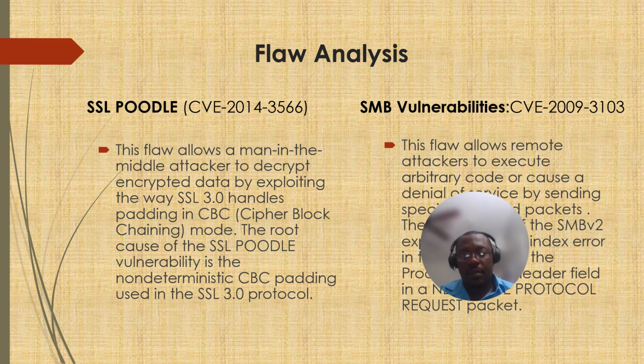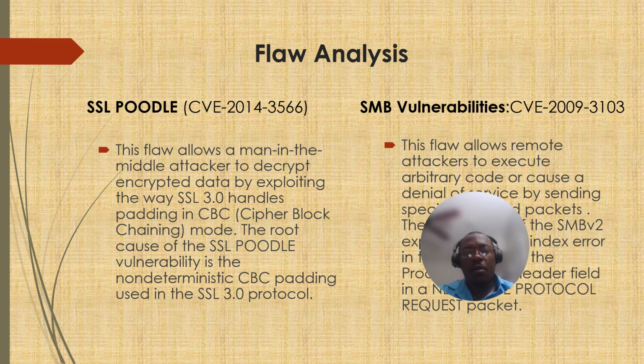Flaw analysis. This flaw allows a man-in-the-middle attacker to decrypt and encrypt data by exploiting the way SSL 3.0 handles padding in CBC mode. The root cause of the SSL POODLE vulnerability is the non-deterministic CBC padding used in SSL 3.0.